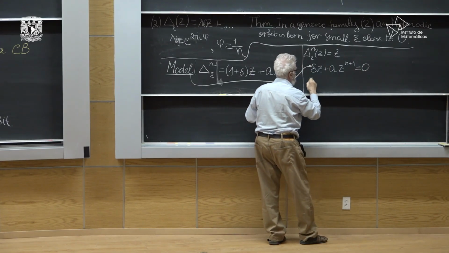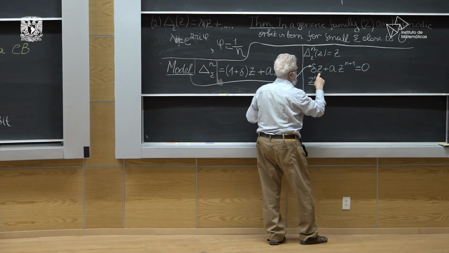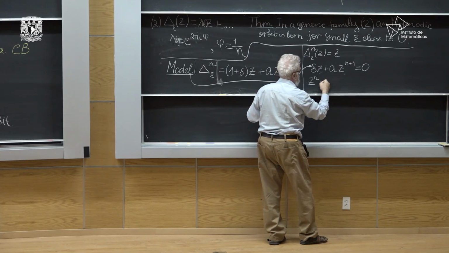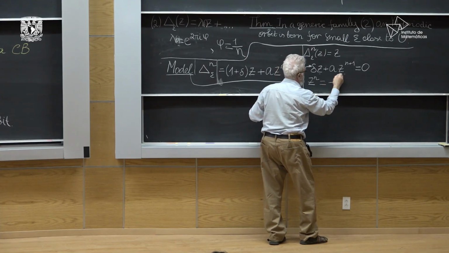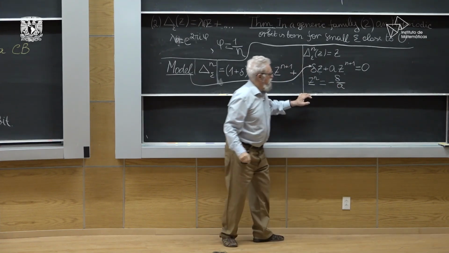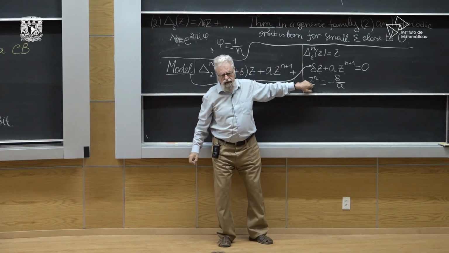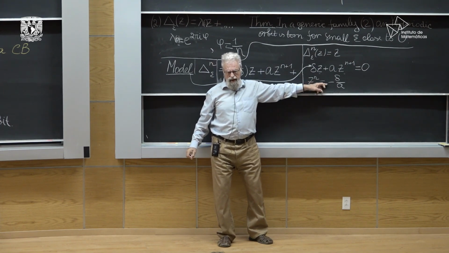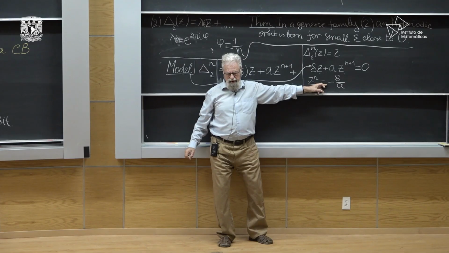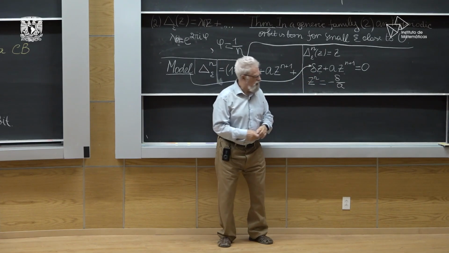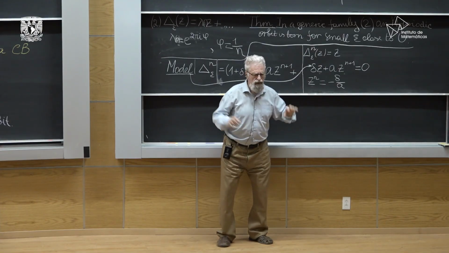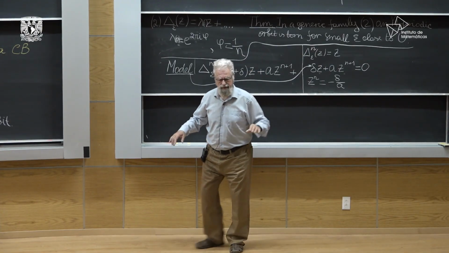Or z to the n, I divide by z, equals negative delta over a. You see definitely n complex roots from this complex number. And this is exactly the periodic orbit that is born in the model case. So at this point, I will end. Thank you.